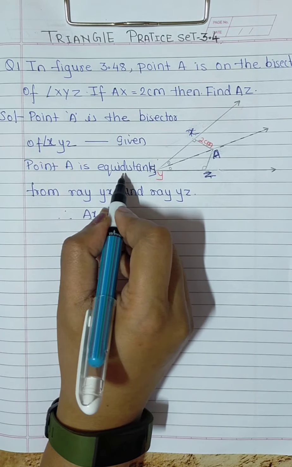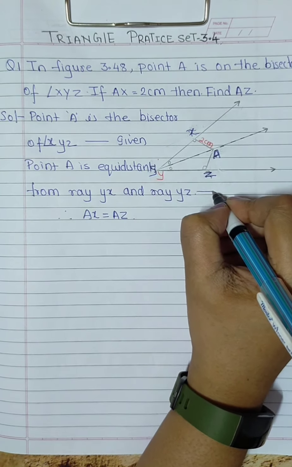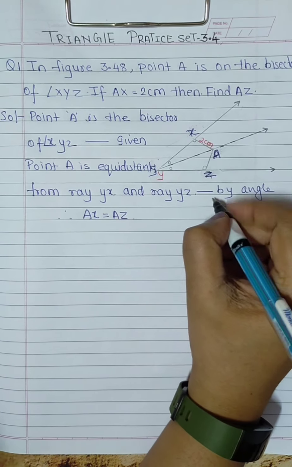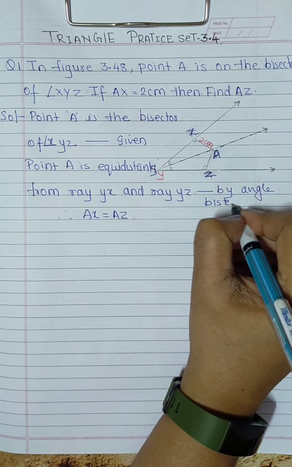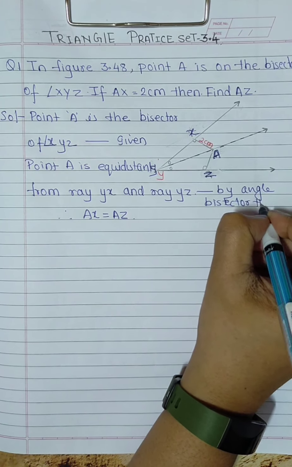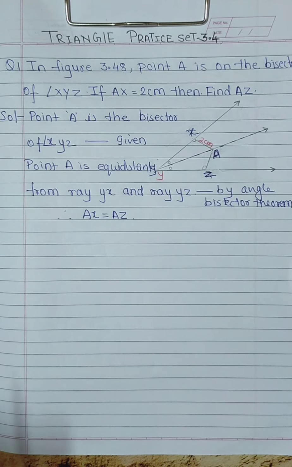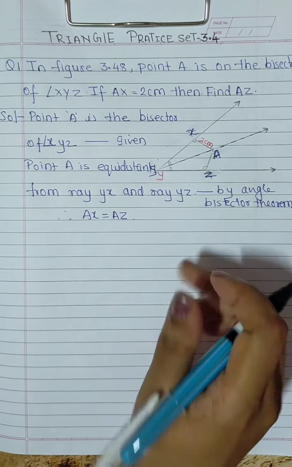Point A is at equal distance from ray YX and ray YZ, the reason is by angle bisector theorem. Okay, it is by angle bisector theorem.